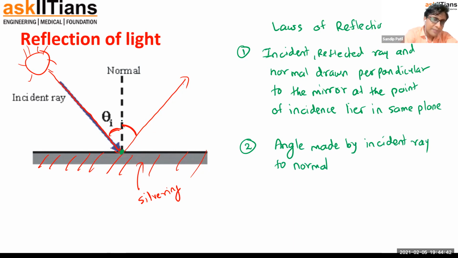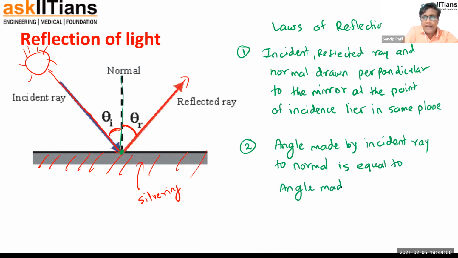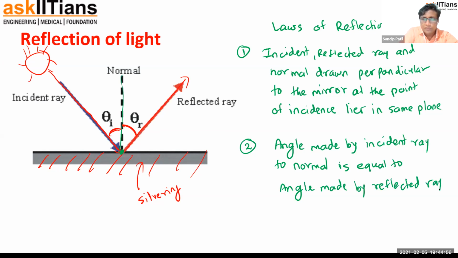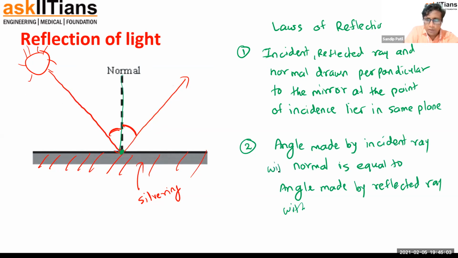With the normal, obviously. Is equal to what? Is equal to the other angle. Which angle? The angle made by the reflected ray with the normal.